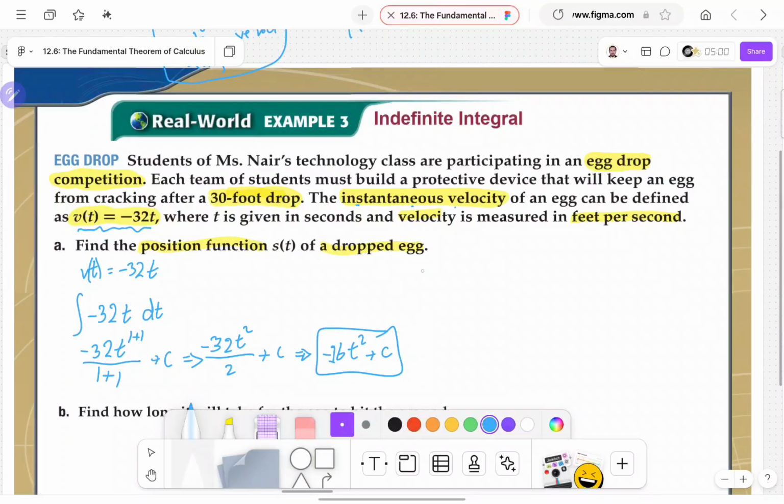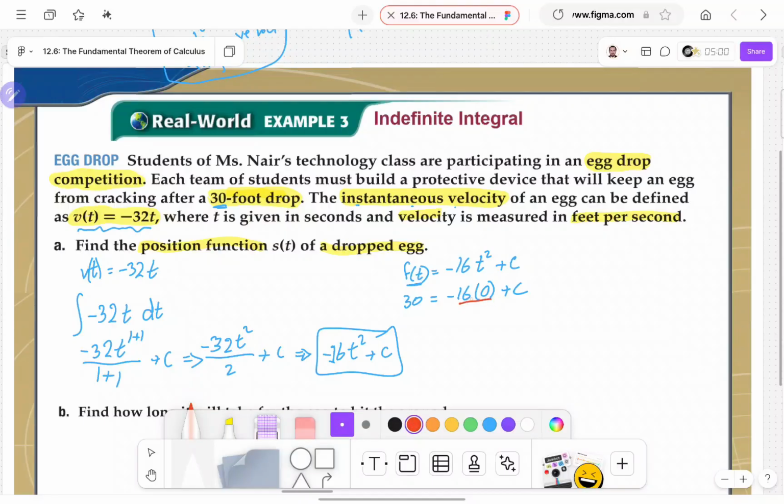Let's call it f of t. f of t is equal to negative 16t squared plus c. Now f of t is given, which is 30 feet, equal to negative 16 times 0 plus c. Now let's find c.